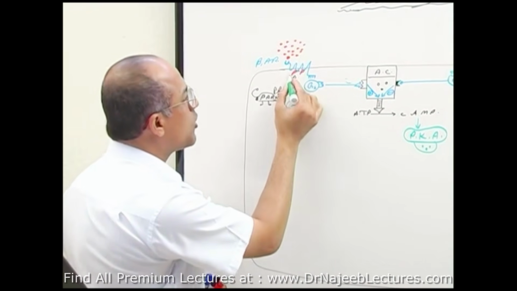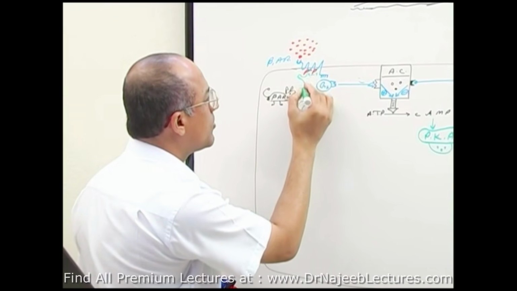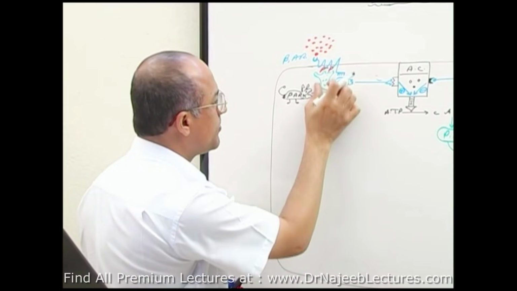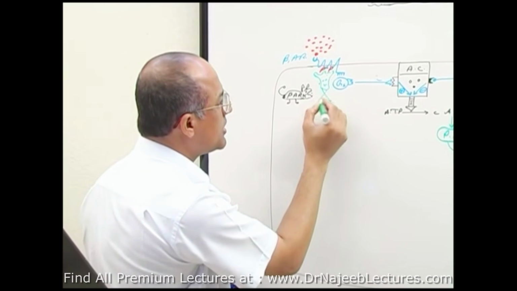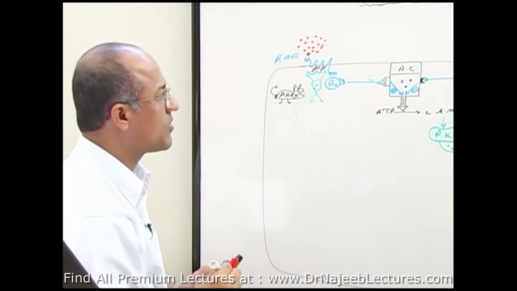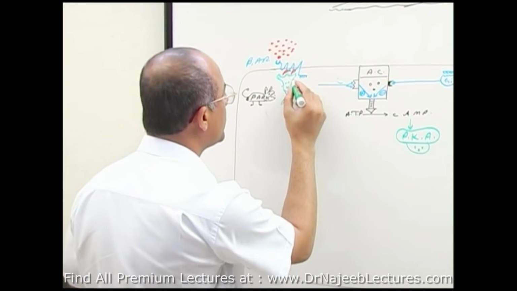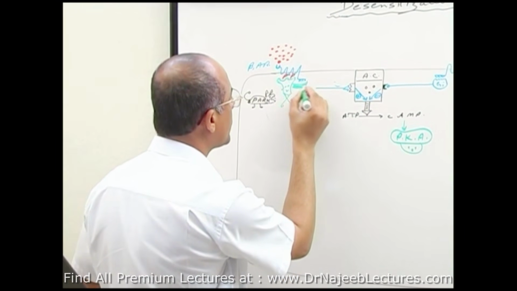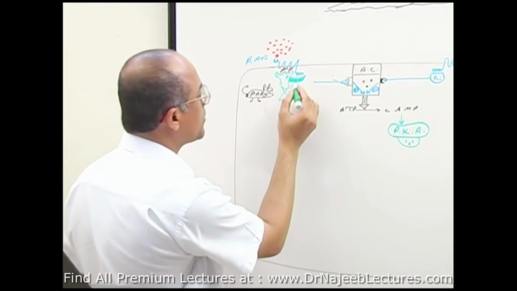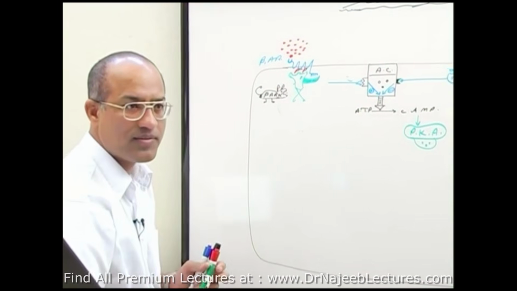This protein will go and bind with the phosphorylated receptor. And when this protein has bound the phosphorylated receptor, do you think now G stimulatory can bind here?